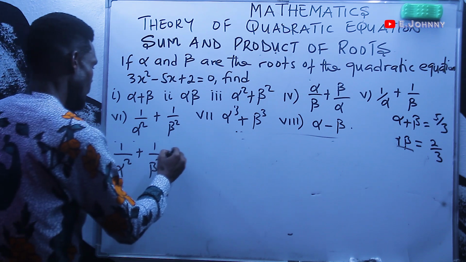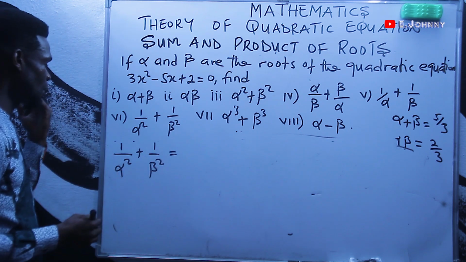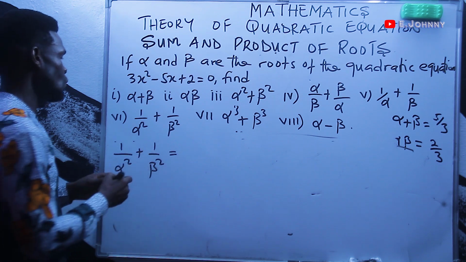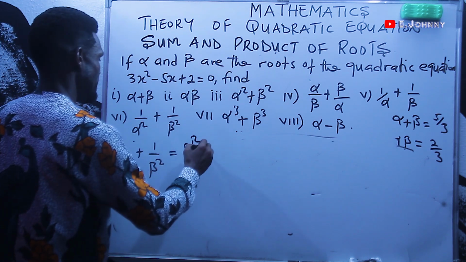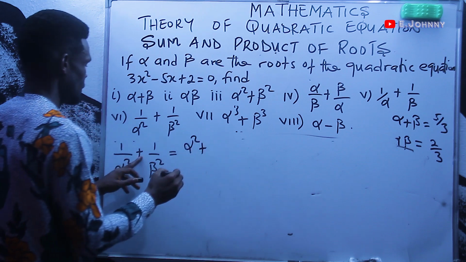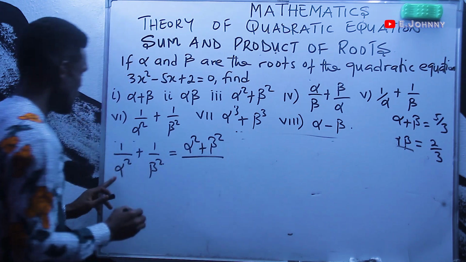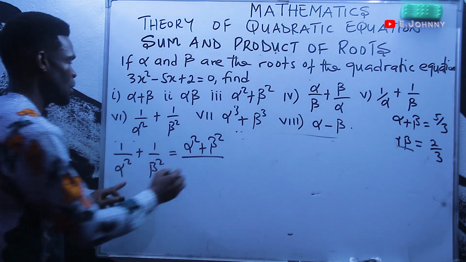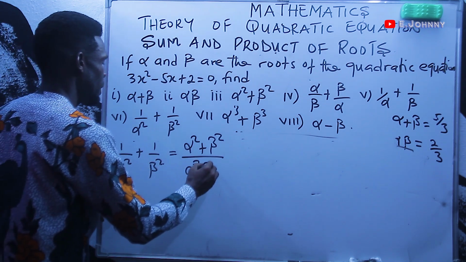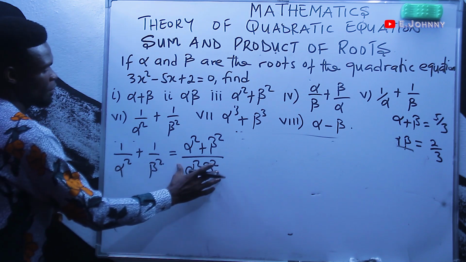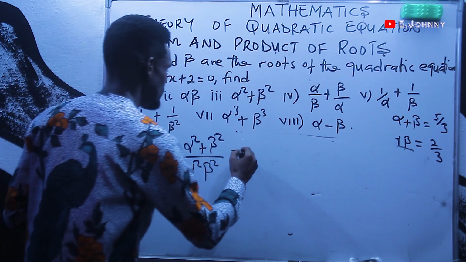Very simple, just the same thing: clear the fraction. Alpha square times 1 is alpha square, plus beta square times 1, beta square, all over alpha square times beta square, which is alpha square beta square. This times this is this.